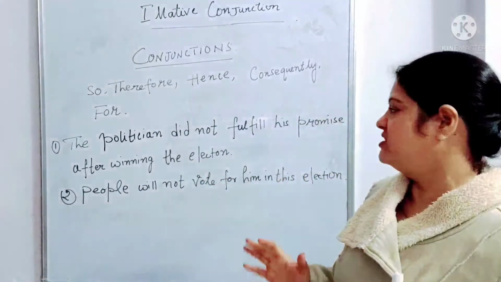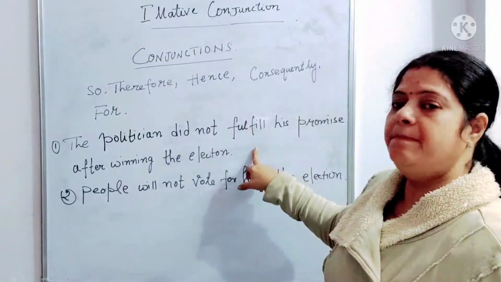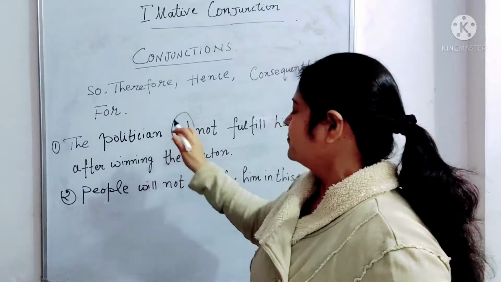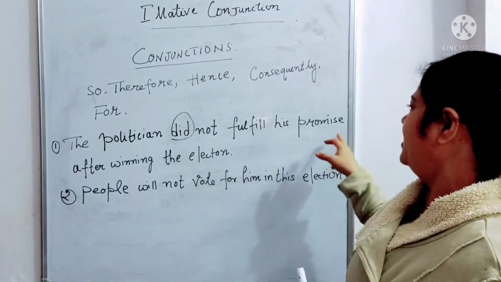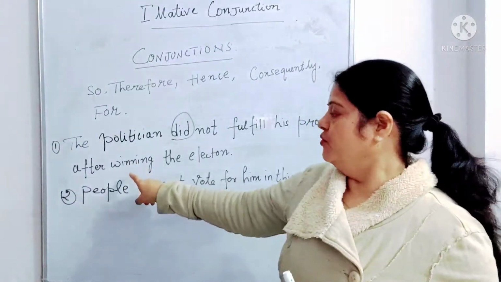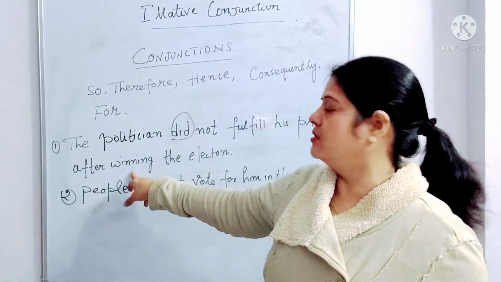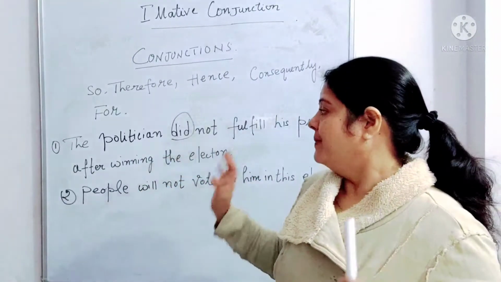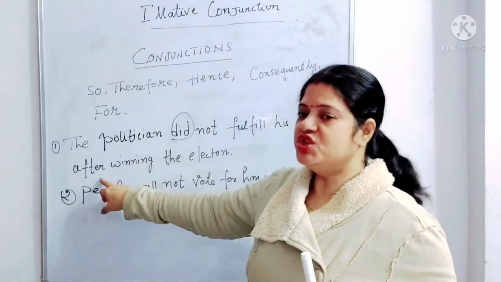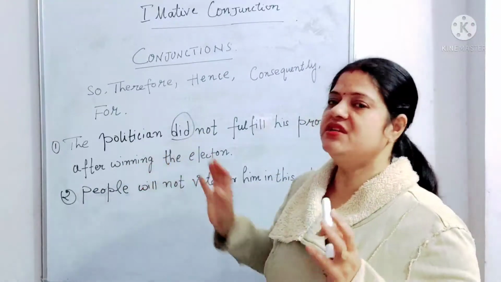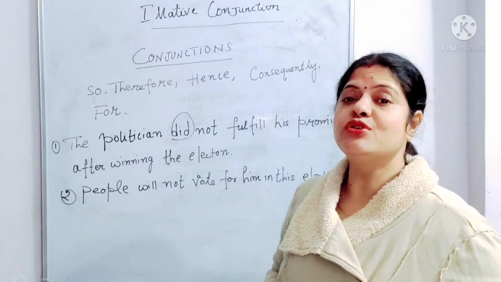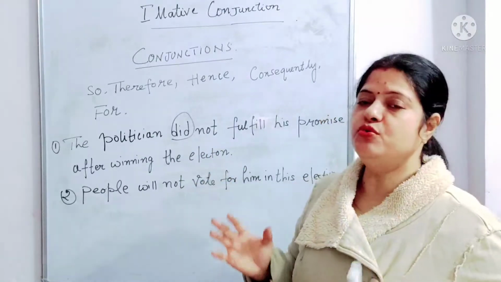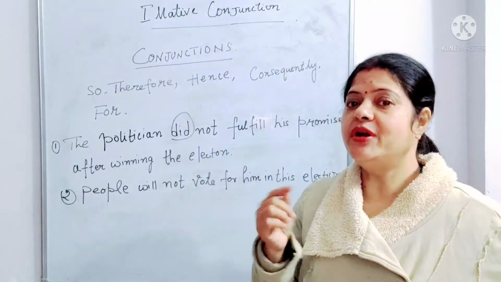So here first thing which we think is that this is a simple sentence because we have only one finite verb, that is did. Okay, so politician did not fulfill his promise after winning. You will say that, ma'am, there is one more verb, this is winning. Actually winning is not actually a verb, but a preposition has come in front of it, so it is a gerund, which is one of the rules of the simple sentence, to add 2 or more than 2 simple sentences by using a preposition before noun and gerund.